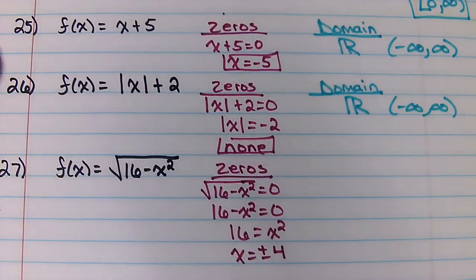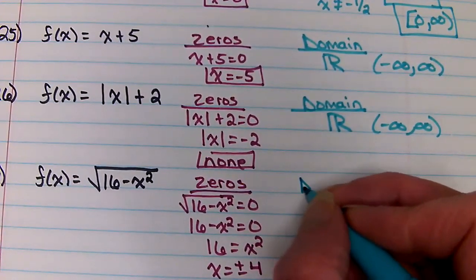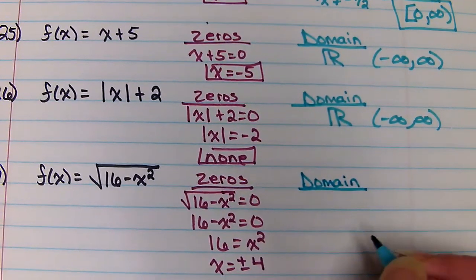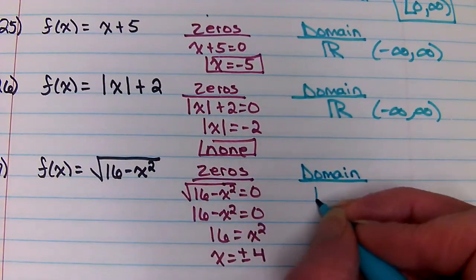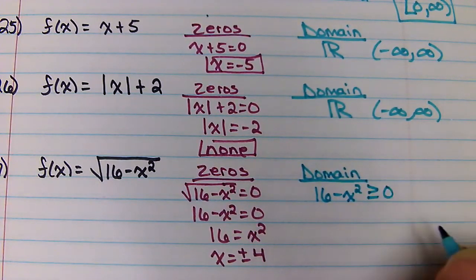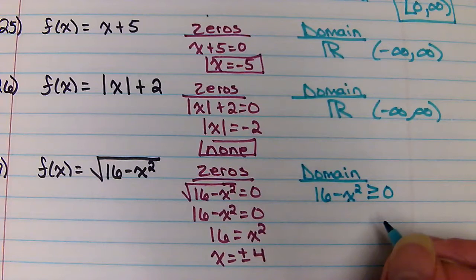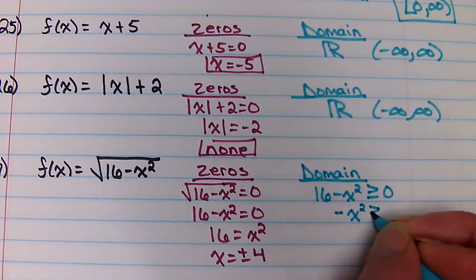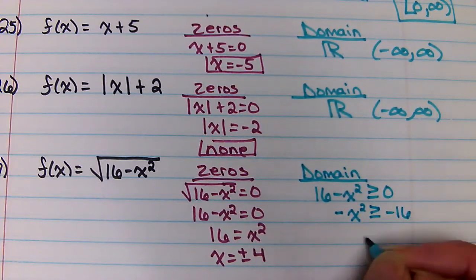Now the domain. What's underneath the square root has to be greater than or equal to 0. So negative x squared has to be greater than or equal to negative 16.